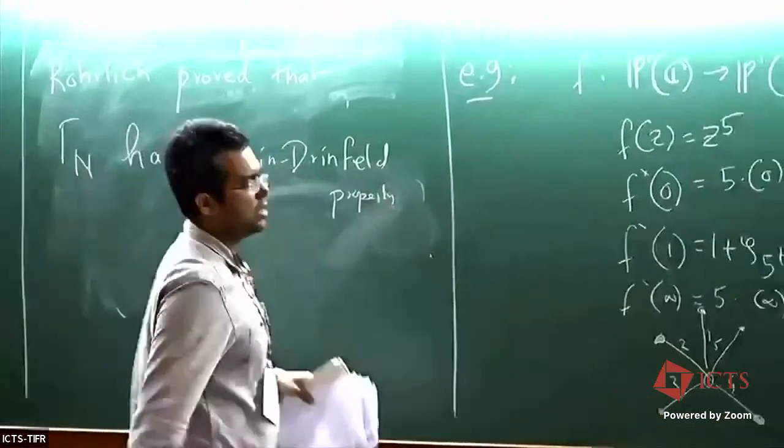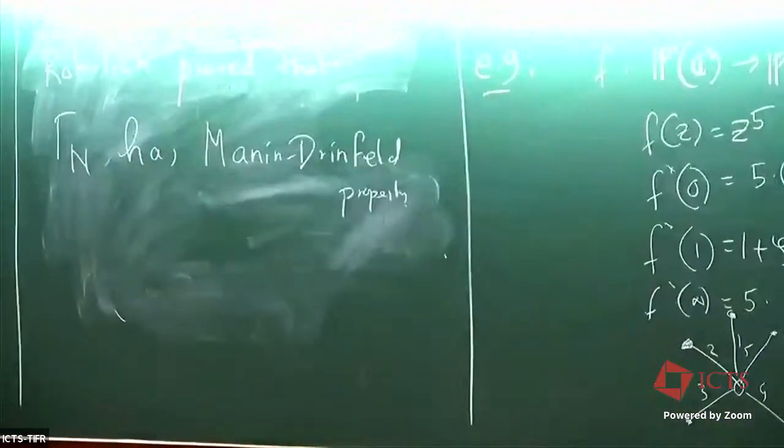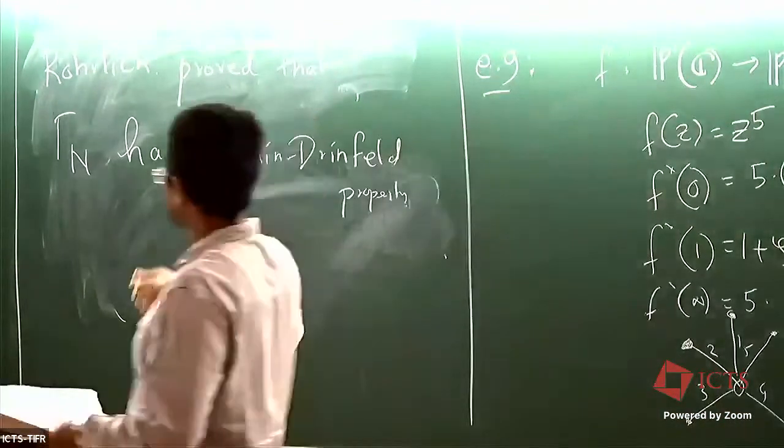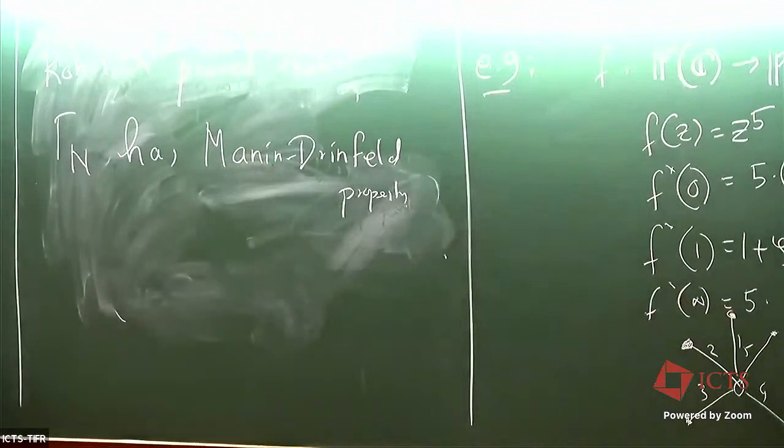So you start to believe, okay, there is nothing special about the Hecke operator, but this Manin-Drinfeld property is always true. Okay. However, for most of the examples, this Manin-Drinfeld property is not true.